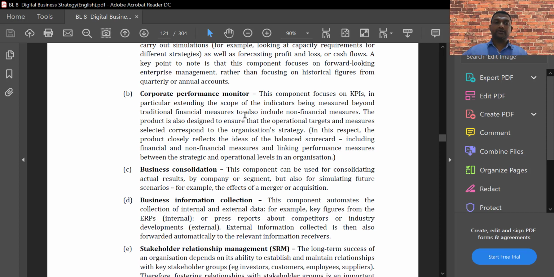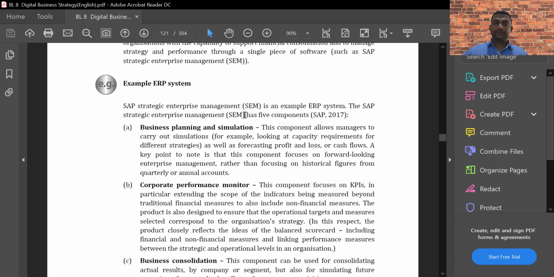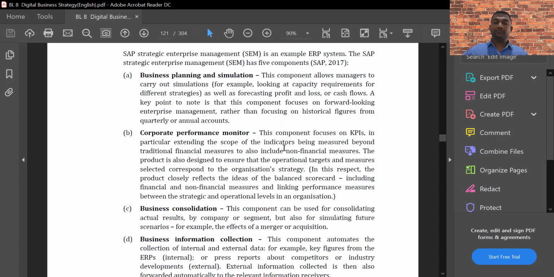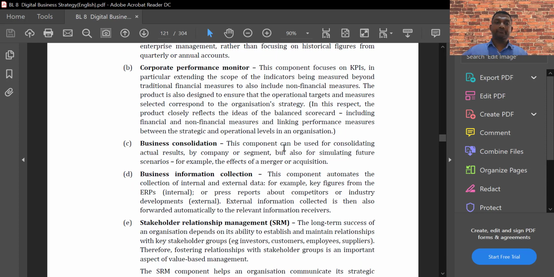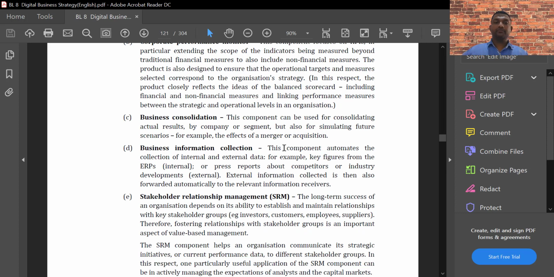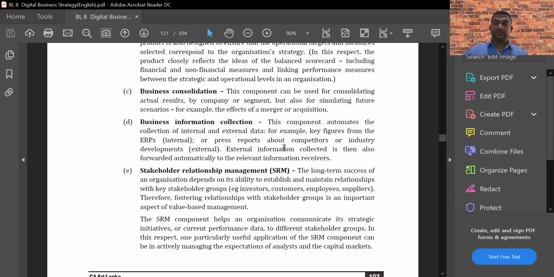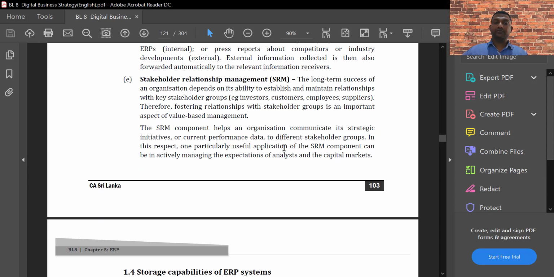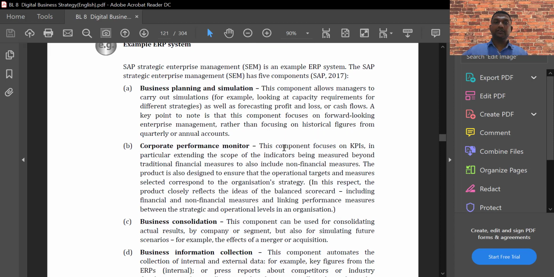So it has several components in it: business planning and simulation, corporate performance monitoring, business consolidation, business information collection, stakeholder relationship management. So these components are the strategic enterprise management system components and specific to the SAP software.